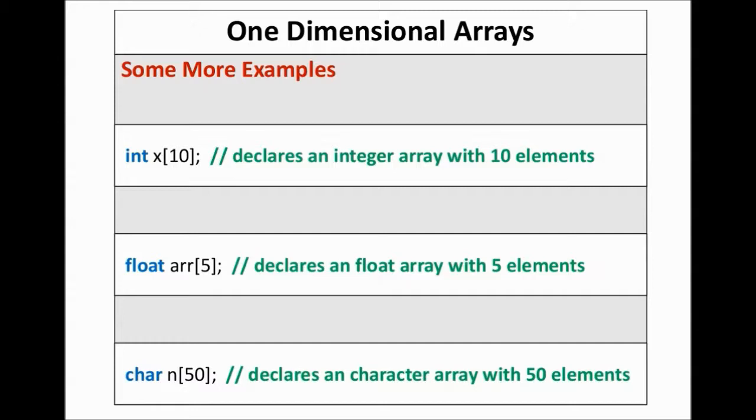Here float is the data type, arr is the identifier of the array, and 5 is the size of this array. Similarly, if we want to declare a character array with 50 elements, then we write char n[50]. Here char is the data type of this array, n is the name of the array, and 50 is the length of the array.